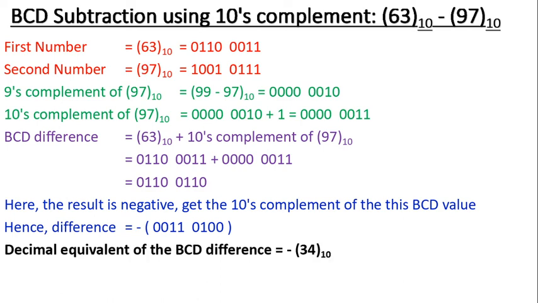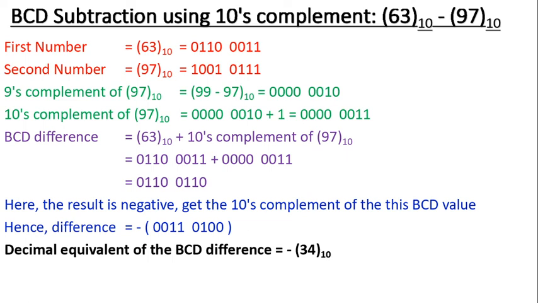Then the final comment: the decimal equivalent of that BCD difference is equal to minus 34 decimal, which is the expression of each nibble of the earlier step in its corresponding decimal value. 0011 is 3, 0100 is 4, so 34, and it is minus 34 decimal. It means that if we carry out this subtraction, 63 minus 97, on a calculator, I will get minus 34.